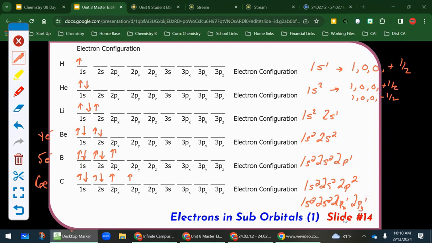But technically, these two p's, one is in the x and one is in the y. I don't know, maybe one's in the y, one's in the z. I know they're in separate ones, I don't know which. But we always fill singly first and then doubly. Questions?